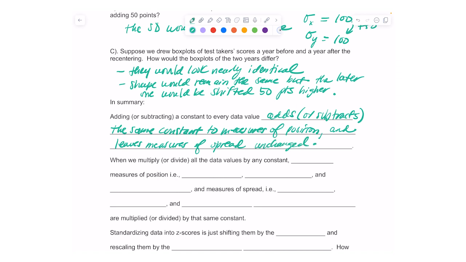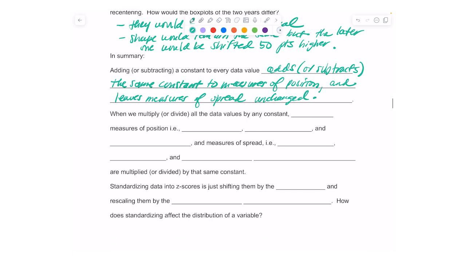And you can try this when you multiply or divide all the data values by any constant: all measures of position, which are like the mean, the median, percentiles, things we've talked about, and measures of spread, which are like range, IQR, standard deviation, are multiplied by that same constant.